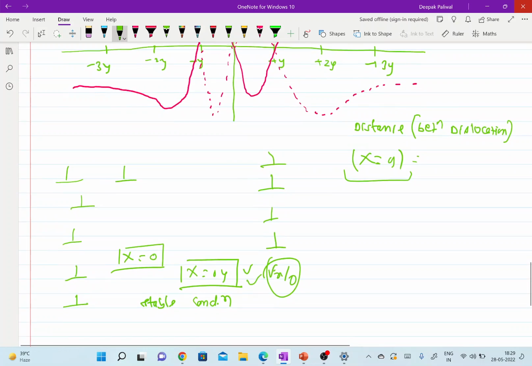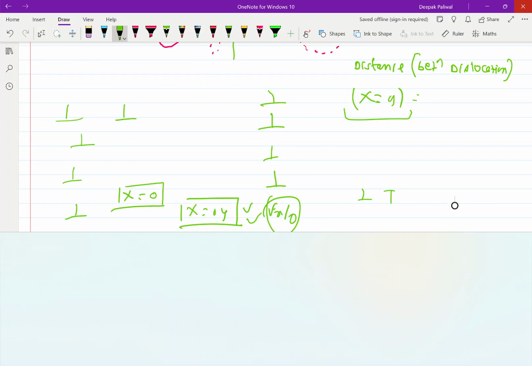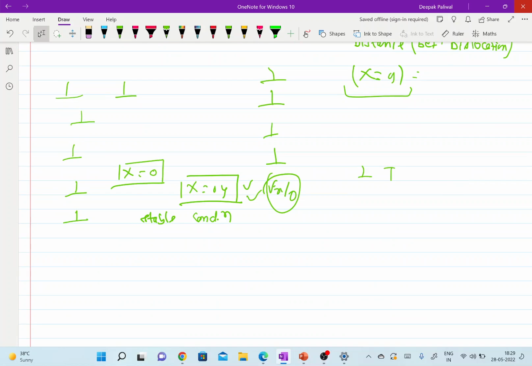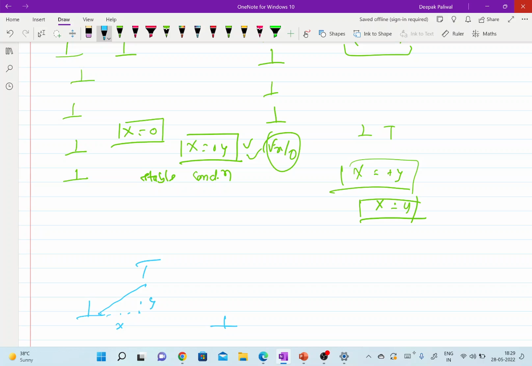So for the dislocations with the opposite sign, the stable configuration is when x is equal to plus y or negative y, that means two dislocations separated by a 45-degree angle. This is x, this is y. So the dislocations are arranged in this fashion.